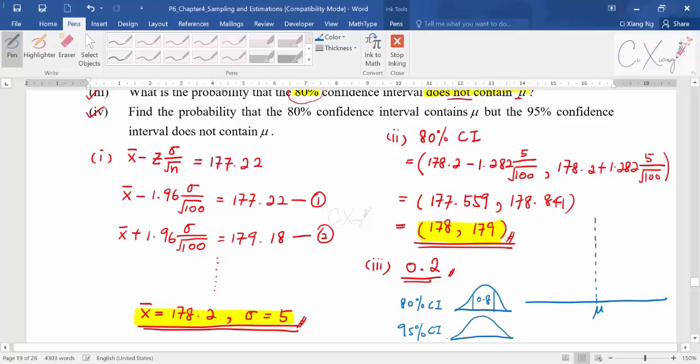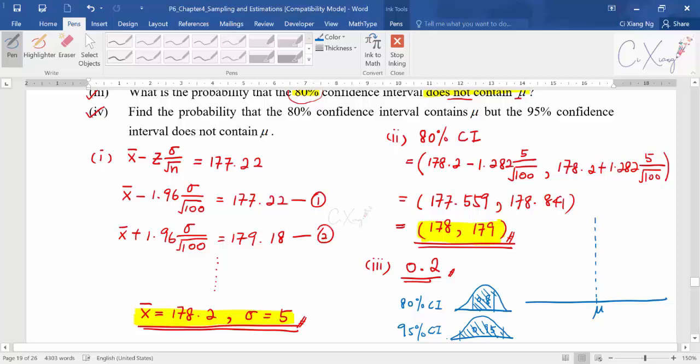So 95% means that the confidence interval is wider, because you can see that the area covered is wider for 95%. So 0.8 means smaller.